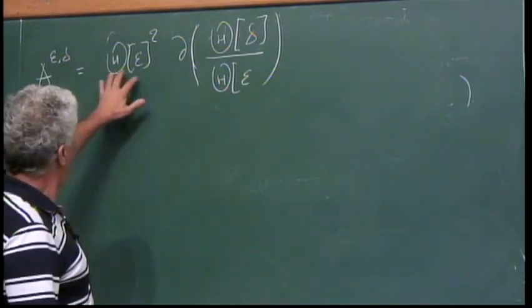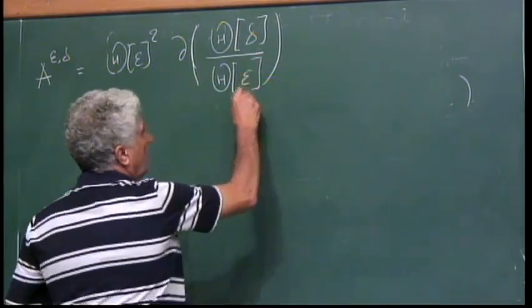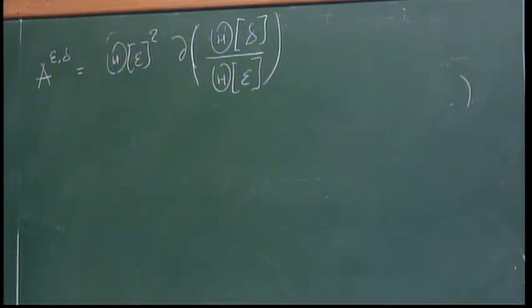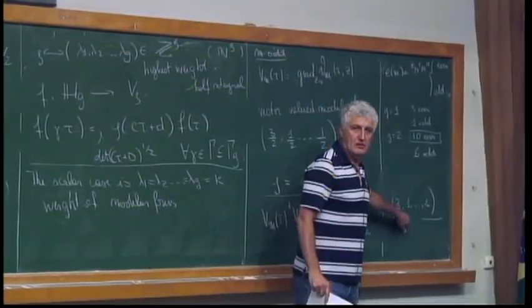Obviously, this is a scalar valued modular form that multiplies something that is a vector valued modular form. So everything is a vector valued modular form, and the representation is the same as this.